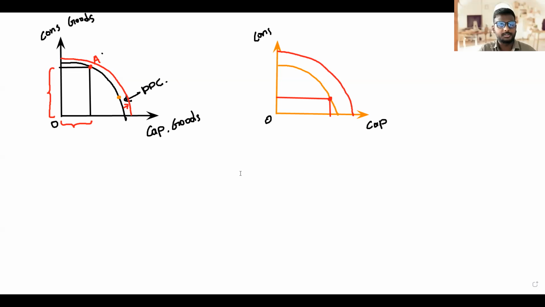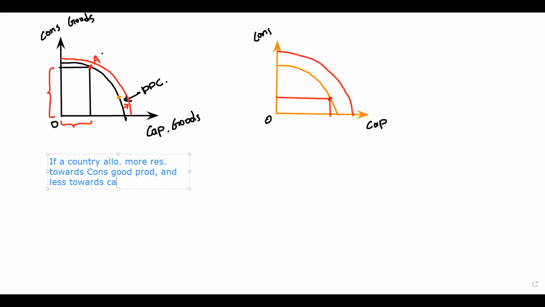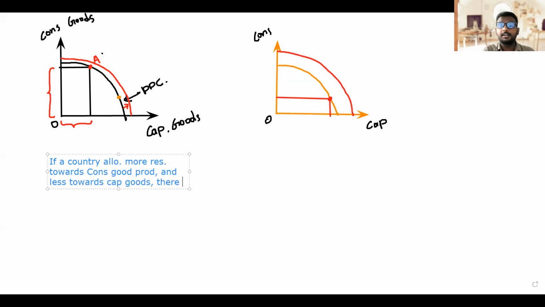You'll have to write a description also, where you'll have to say, if a country allocates more resources towards consumer goods and a lesser quantity of resources towards capital goods production, their growth will be very marginal or none at all. The country might see a very small growth or no growth at all.